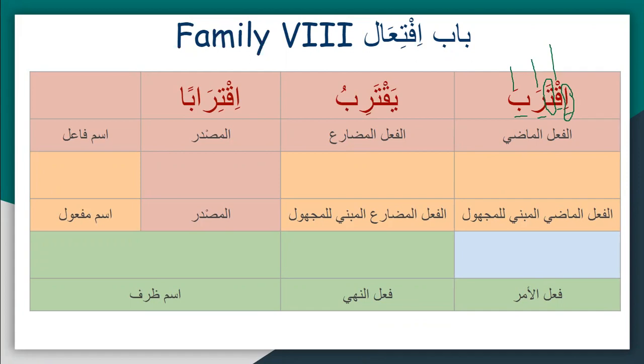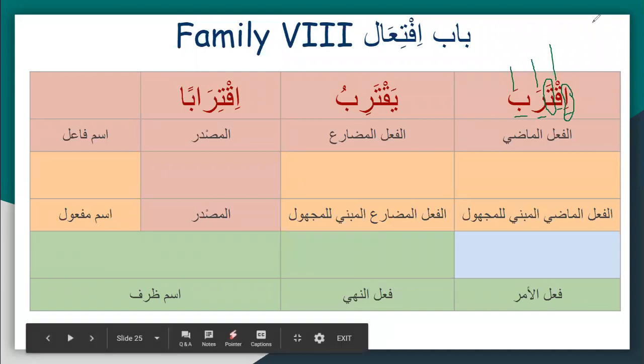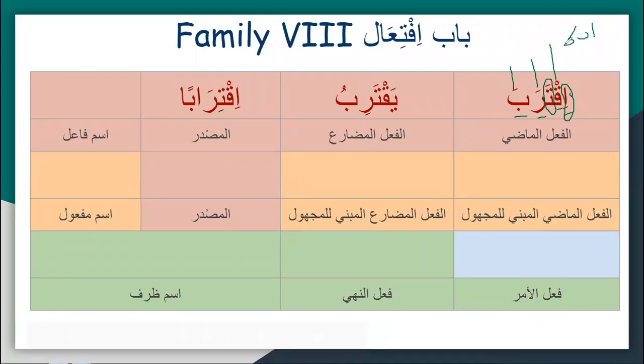Don't confuse it with the previous word inkasara, yankasiru, inkisaran, because it sounds similar, right? Inkasara, yankasiru, inkisaran, iqtaraba, yaqtaribu, iqtiraban. It rhymes the same way, but in the inkasara family, the "in" is the added part, and there is no ta.